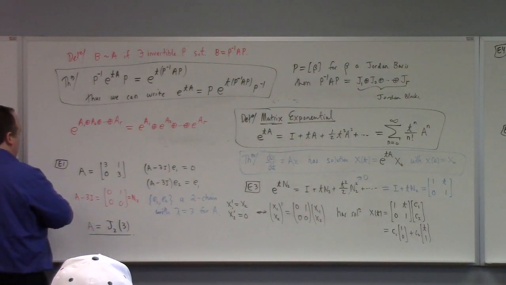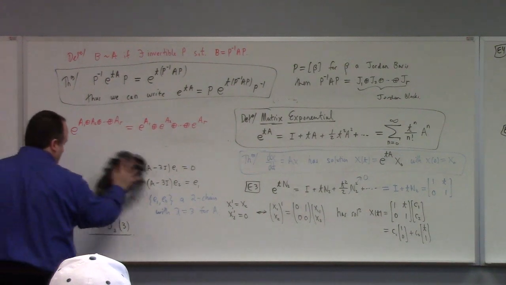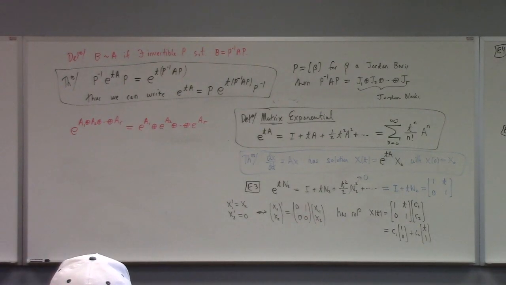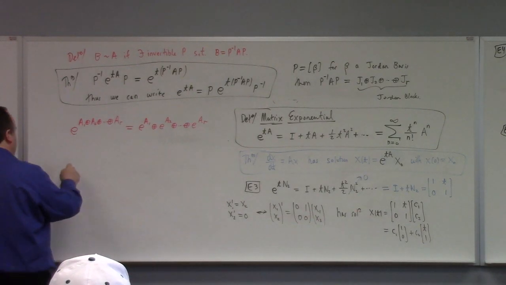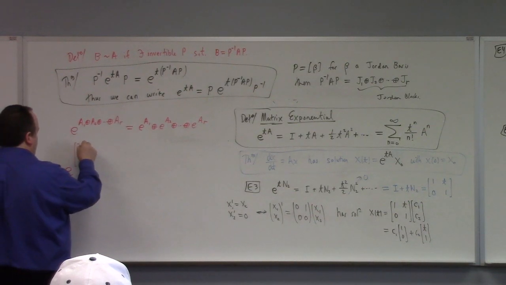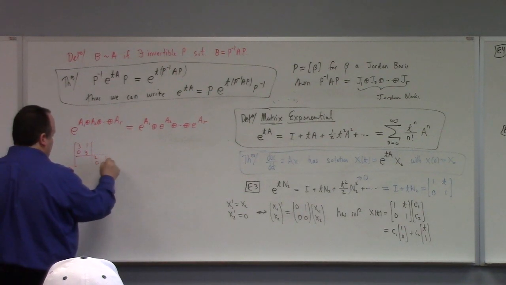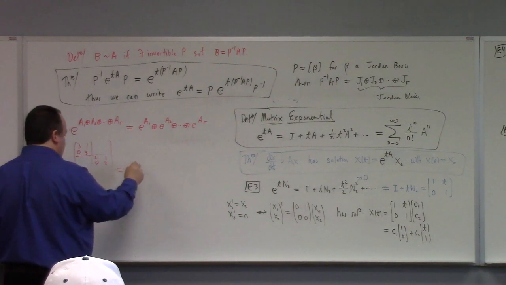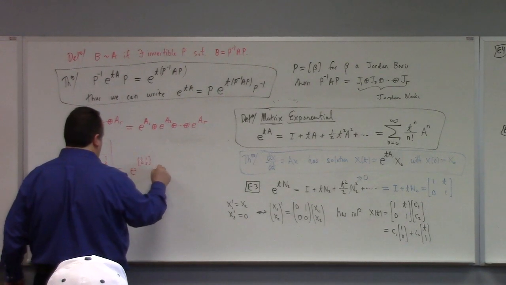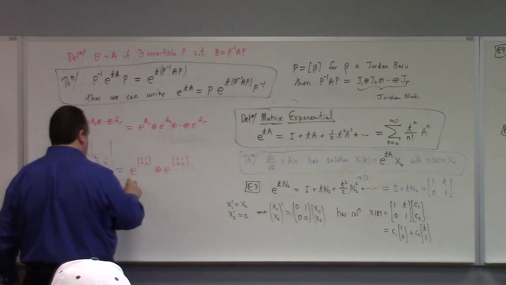Just to be more explicit, if I was to calculate e to the matrix with blocks [3 1; 0 3] and [2 1; 0 2], I could do e to the [3 1; 0 3] direct sum e to the [2 1; 0 2] like this.